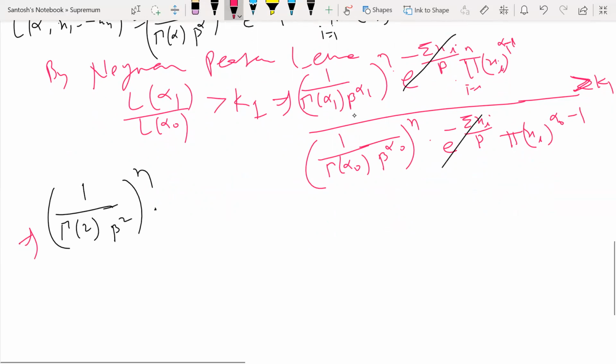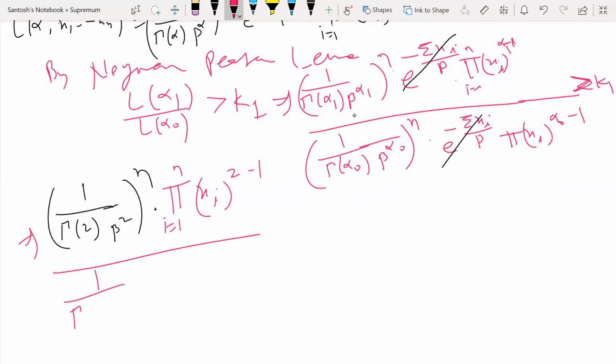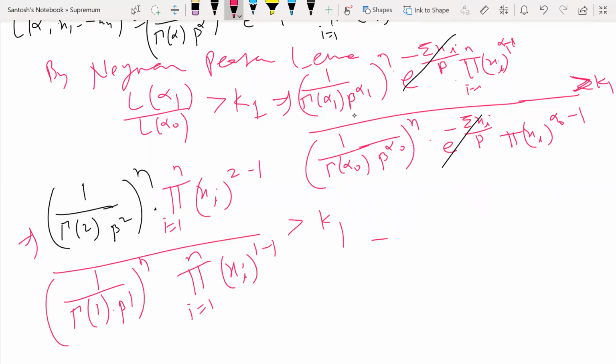We are left with product xi raised to power 2 minus 1, i from 1 to n, upon the denominator (1 upon gamma 1 beta raised to power 1) whole power n, product xi raised to power 1 minus 1, i from 1 to n, more than k1.